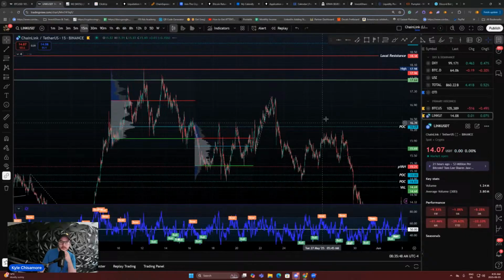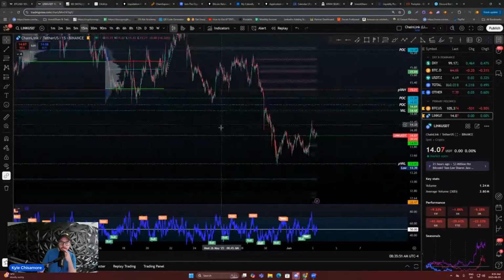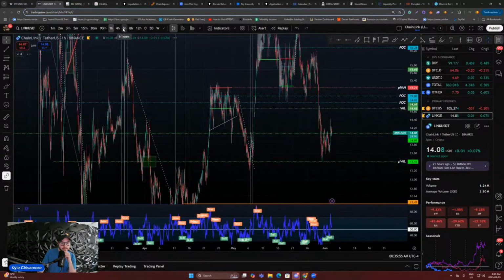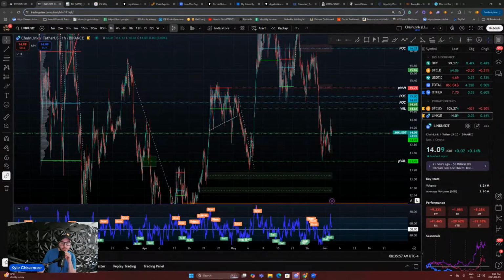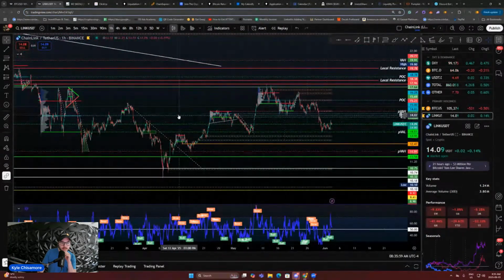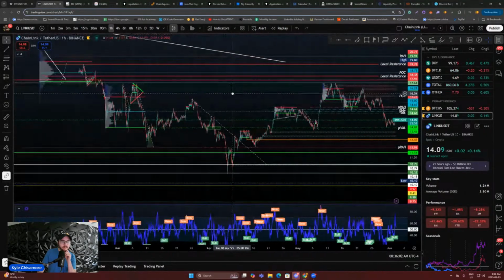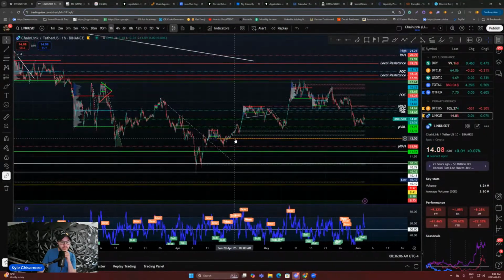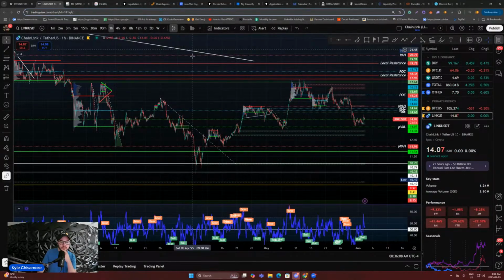Okay. Link, what are you doing, man? Bouncing off a previous value area low. Now, Link is a really good trader's asset. If anyone wants a good asset for range trading, this thing's a boss for that kind of stuff. And you get relatively decent trend-based moves too.